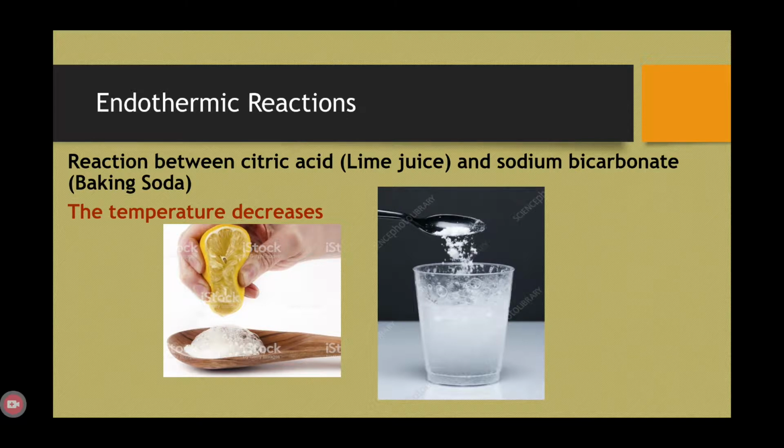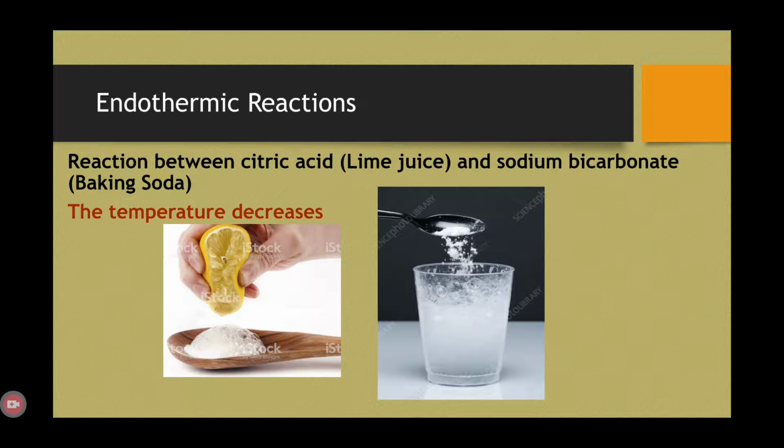So let's consider the instances for endothermic reactions. There is an example given in your textbook: the reaction between citric acid and sodium bicarbonate. Citric acid is in lime juice.